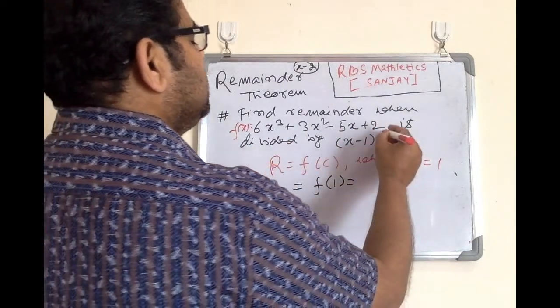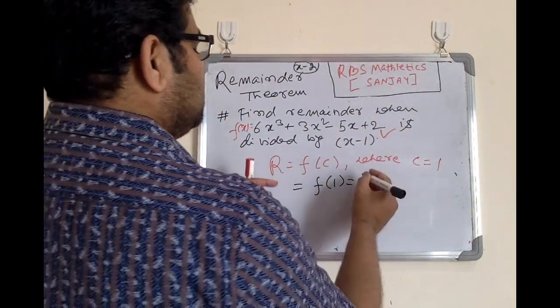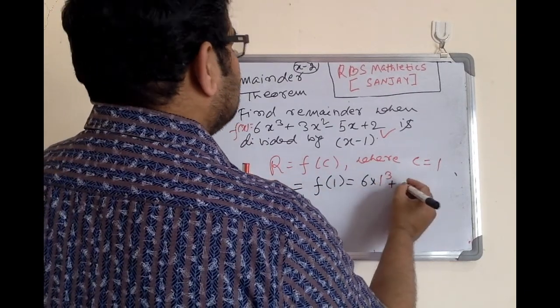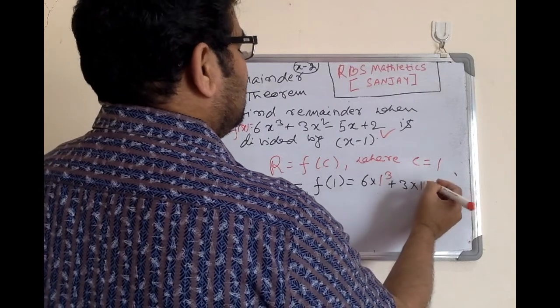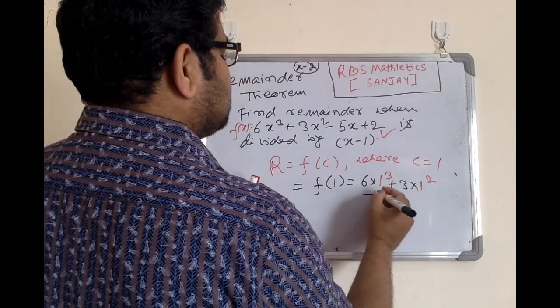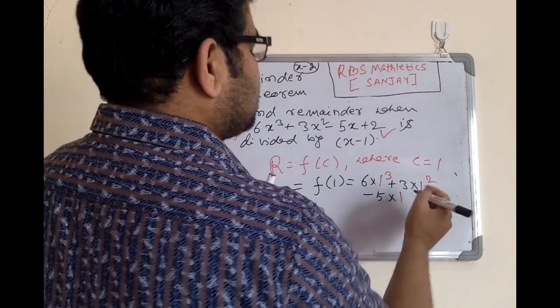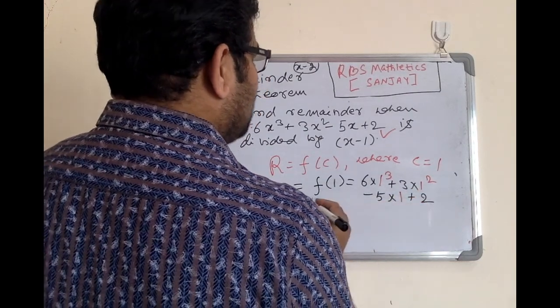So you can proceed further: put 1 in place of x in your f(x), so that becomes 6 times 1 cubed plus 3 times 1 squared minus 5 times 1, and lastly plus 2. Now calculate this.